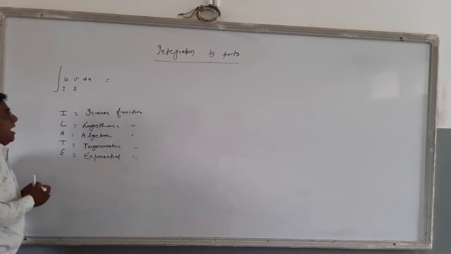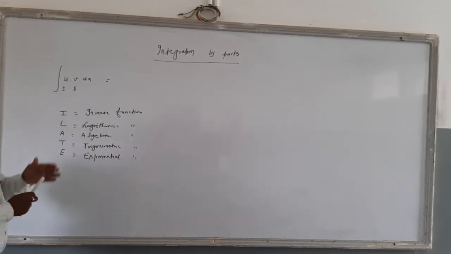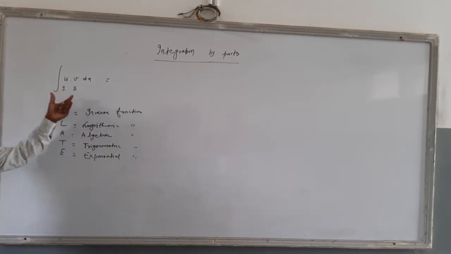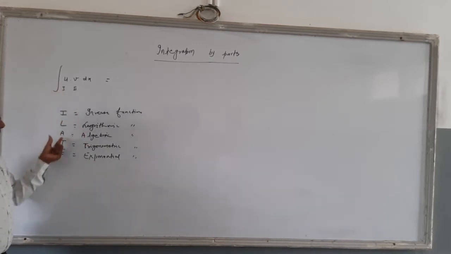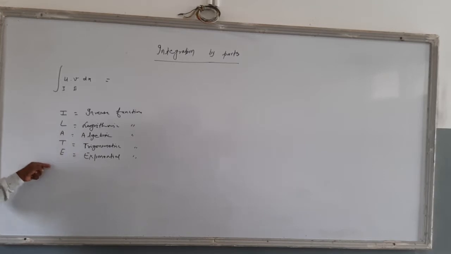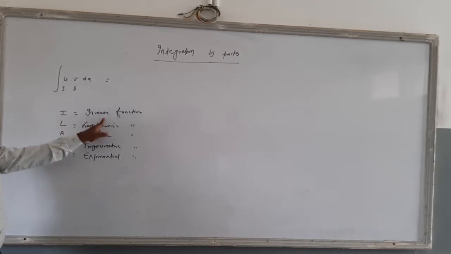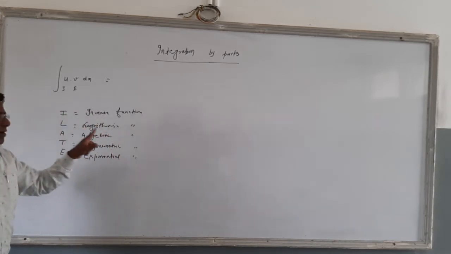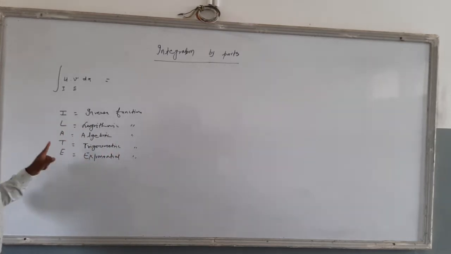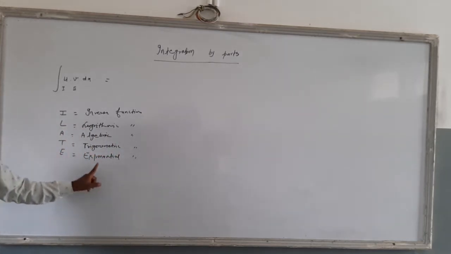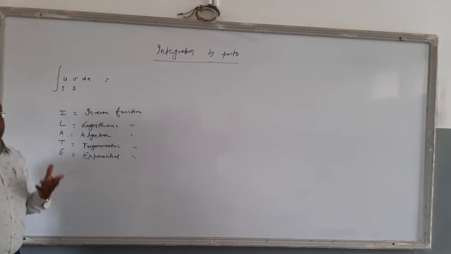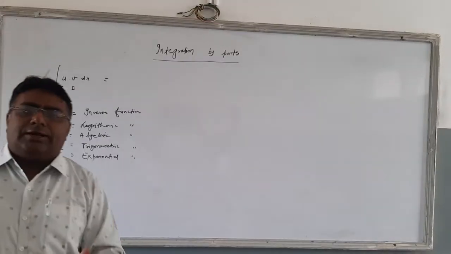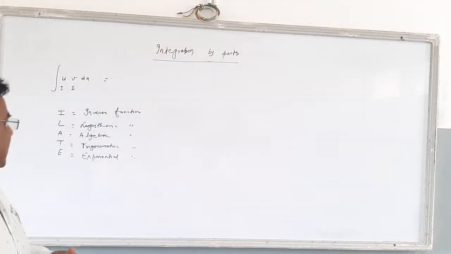Now look, students, according to the ILATE rule, whichever comes first is the first function and the other is the second function. Inverse functions mean sin inverse x, tan inverse x, cos inverse x, sec inverse x.